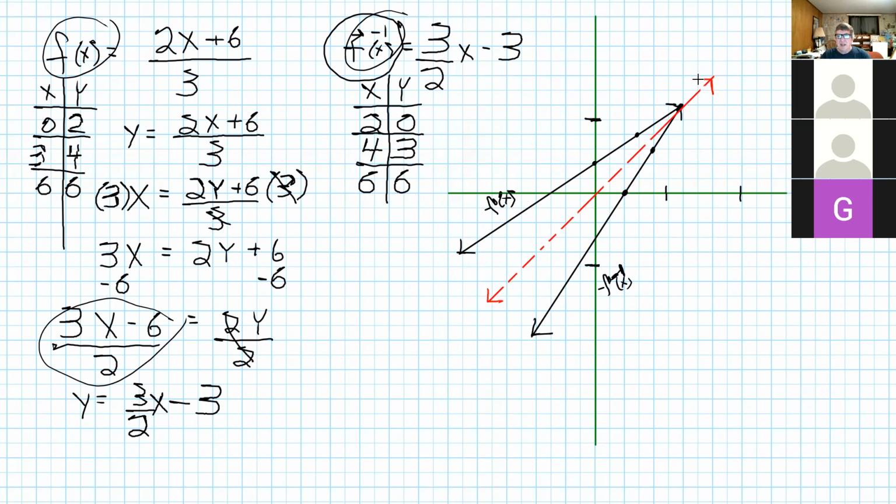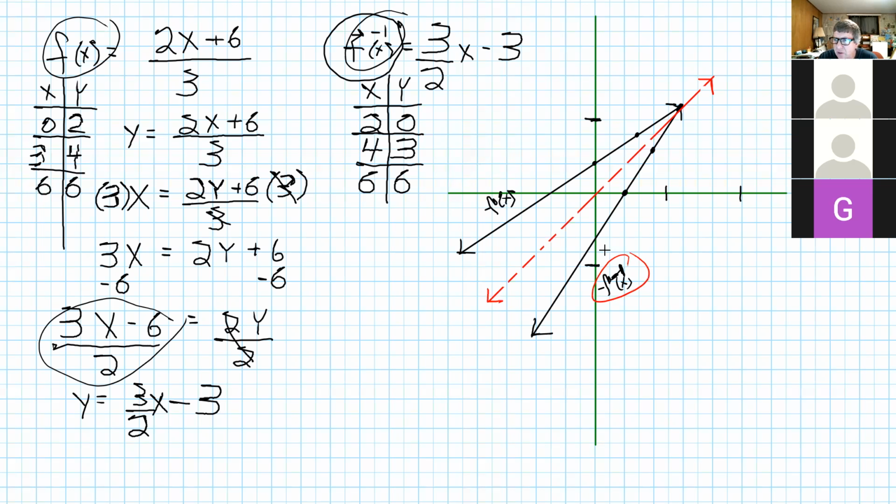Can you see that f of x and this mess down here that's supposed to be f inverse of x are symmetric with each other about the line y equals x? Yes. Okay, good.